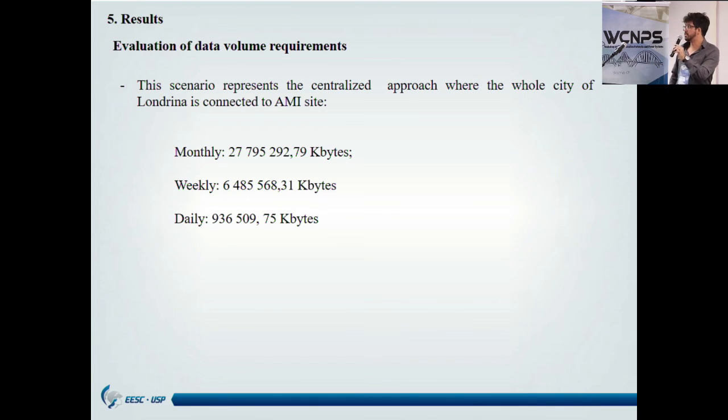This scenario represents the centralized approach, where the whole city of Londrina is connected to the AMI project, and where monthly data is 28 gigabytes, weekly close to 70 gigabytes, and daily close to 1 gigabyte.